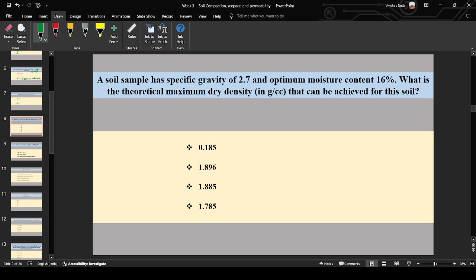So the formula becomes G rho W divided by 1 plus Wg. Now the value of rho W equals 1 gram per cc. Putting all the values, we get 1.885. Yes, 1.885. Good. Okay. Next question.